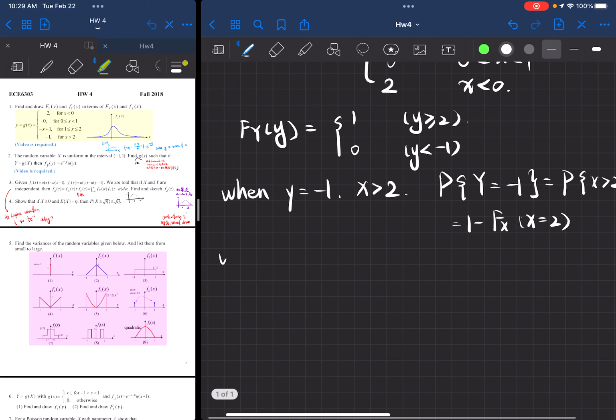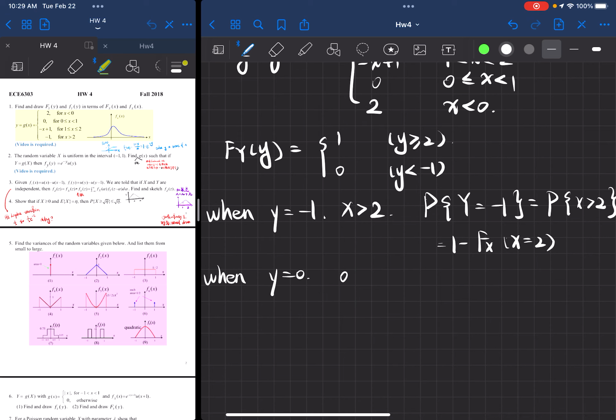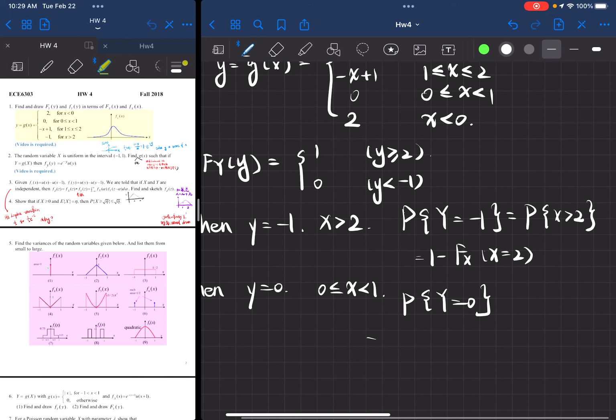And when y is equal to 0, we know that x is between 0 and 1. So the probability of y equals 0 equals the probability of x between 0 and 1.